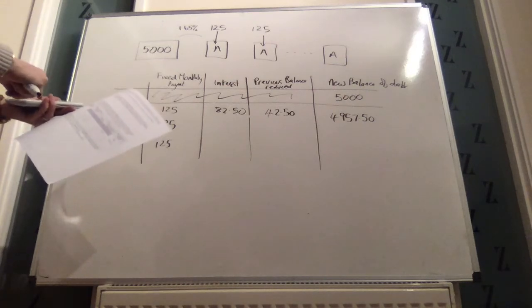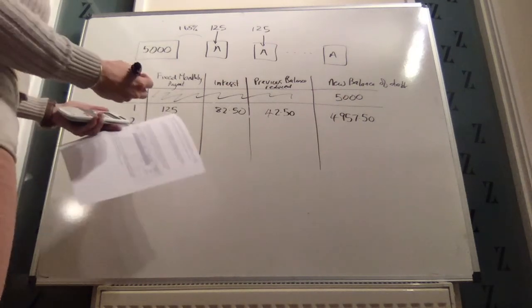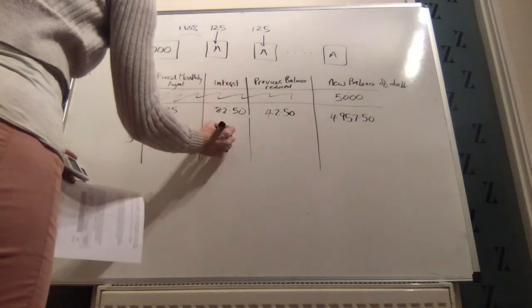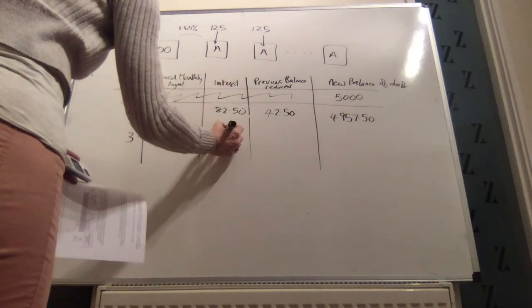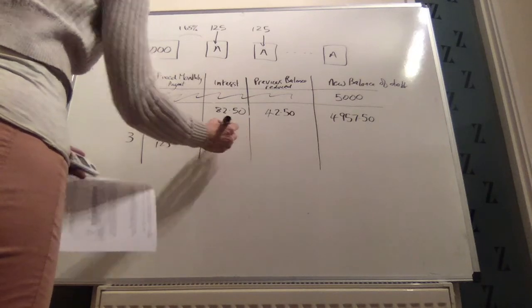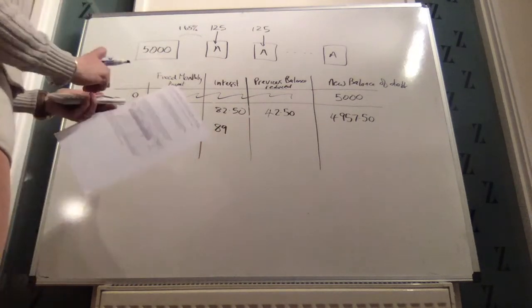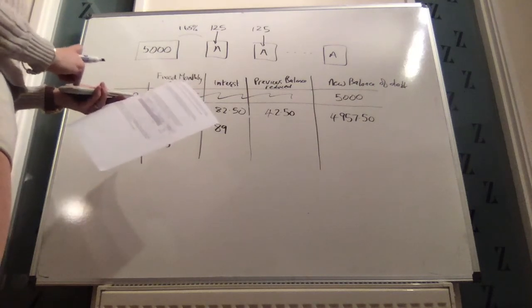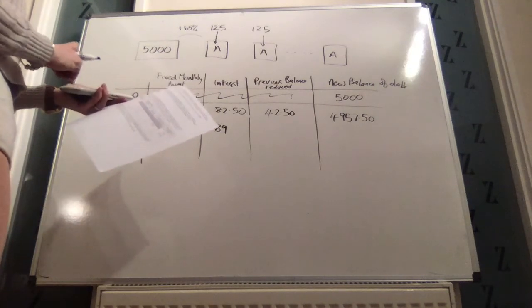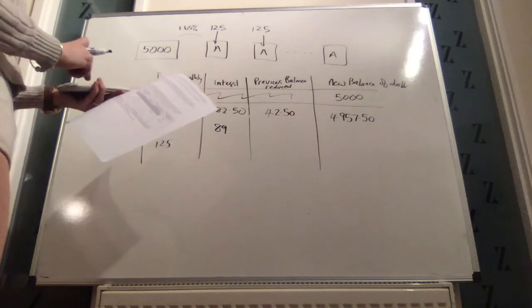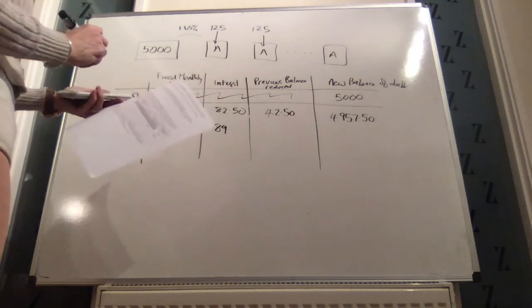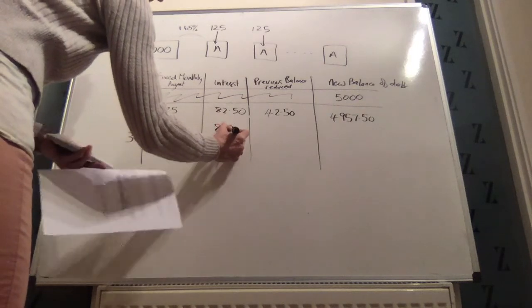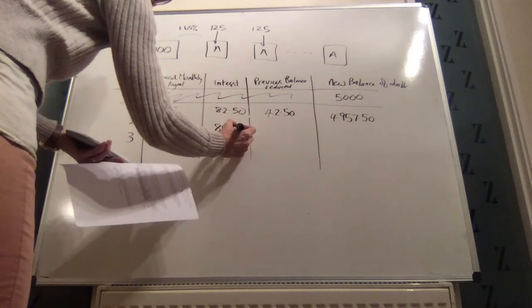and that happens to be 81.79875. So 89, that can't be right. 4957.5 times 0.0165 is 81, I said 89. 81.79875.